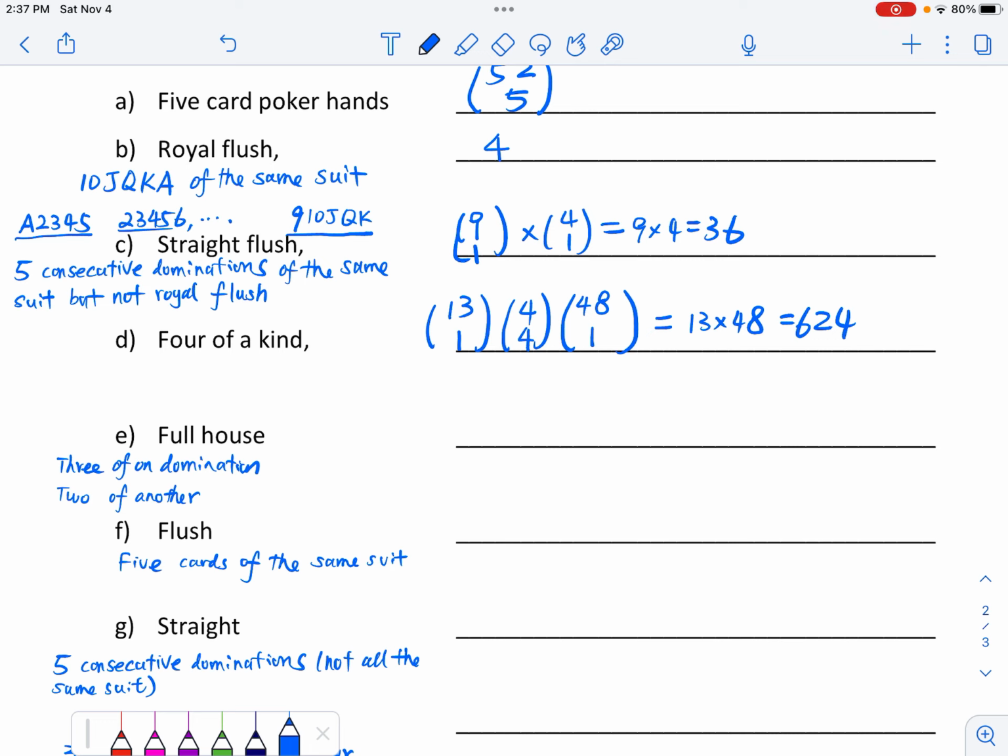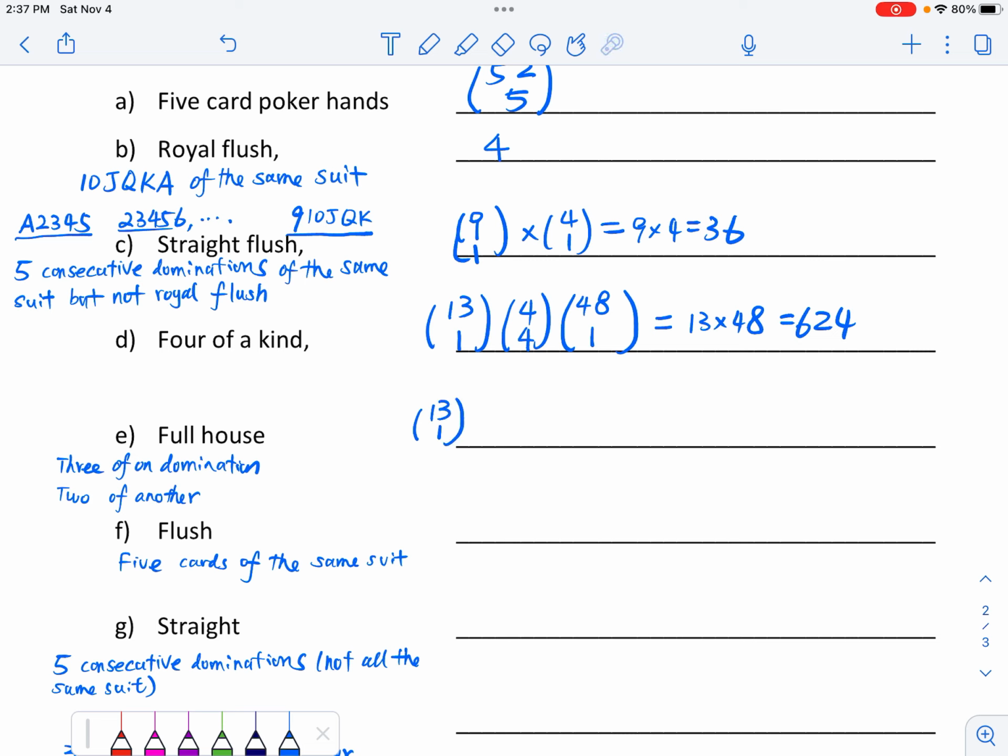Now let's take a look at full house. And what is a full house? Full house is 3 cards of the same denomination, and 2 cards of another denomination. So for instance, if you have 3 aces and then the other 2 like 2 threes, that will be considered a full house. Okay. Now to find the full house, first step, I'm going to do 13 choose 1.